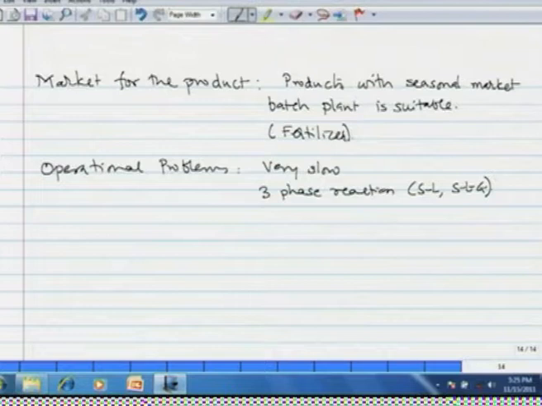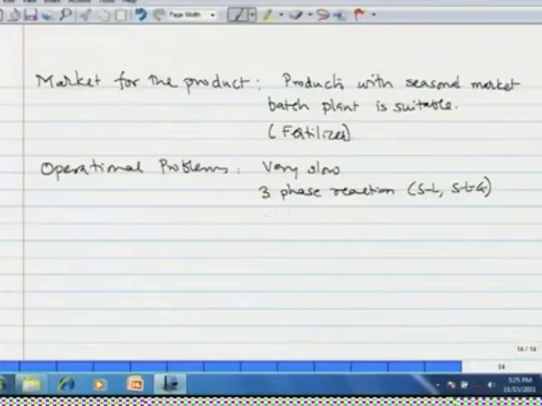Now, in this case, if the kinetics is slow, then you have to pump the slurry with solid suspended in liquid at a very small rate, and that may cause settling of the solids. In some cases where polymerization of the product occurs, or fouling takes place very frequently, then also you cannot carry out the reaction in continuous mode, because you will have to shut down and clean up very often, which is not very practical.